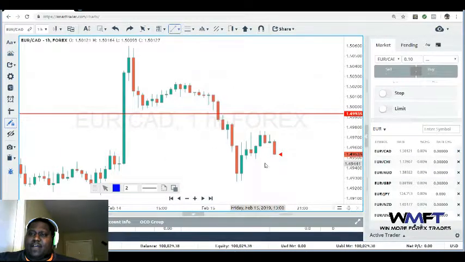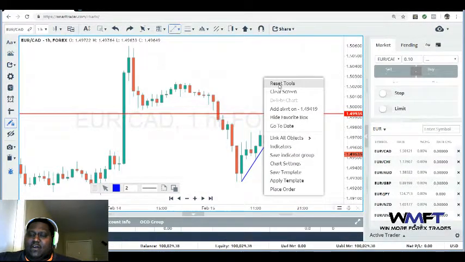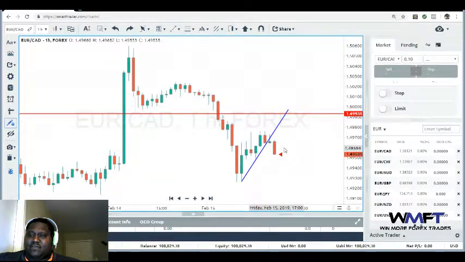Because in order to bring in a counter trend line, you need to have 3 candlesticks going in the opposite direction of where you're thinking about trading. So you can bring a counter trend line in right here, and right now you can see where you could enter to sell the market, and put your stops 10 pips above the highest point of when this counter trend line was broken.